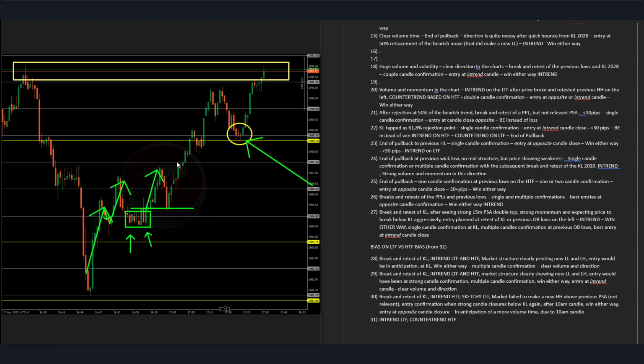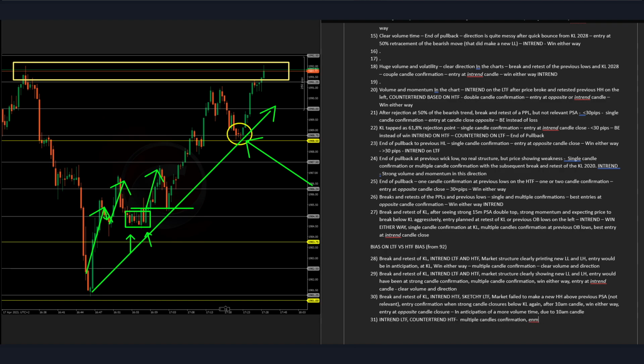But nonetheless, if you look at the lower time frame, price is clearly showing you strong bullish price action. That's very clear cut. You have a 1, 2, 3, 4 candle confirmation, multiple candle confirmation.